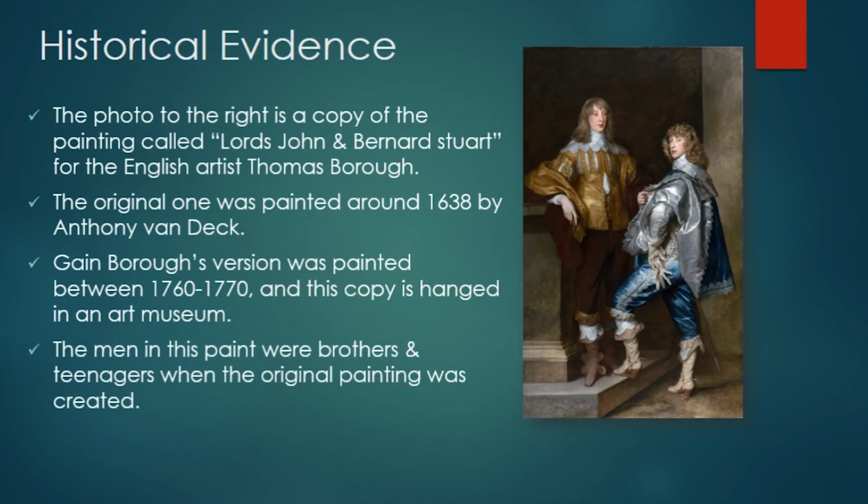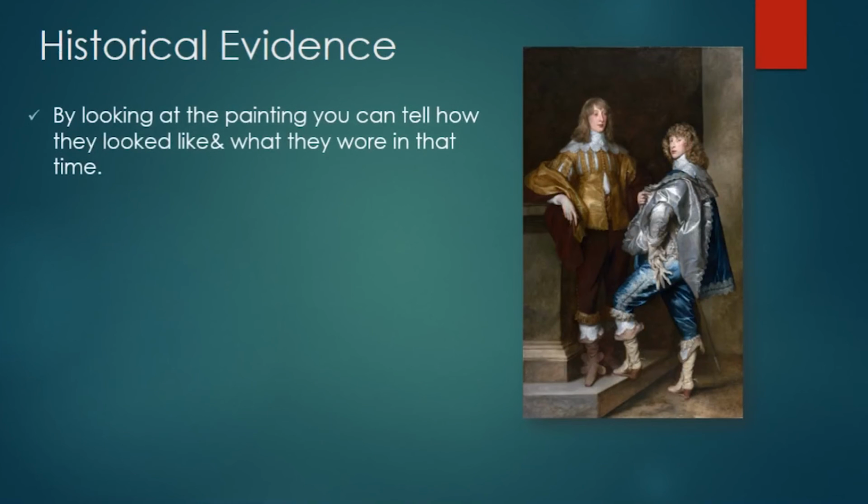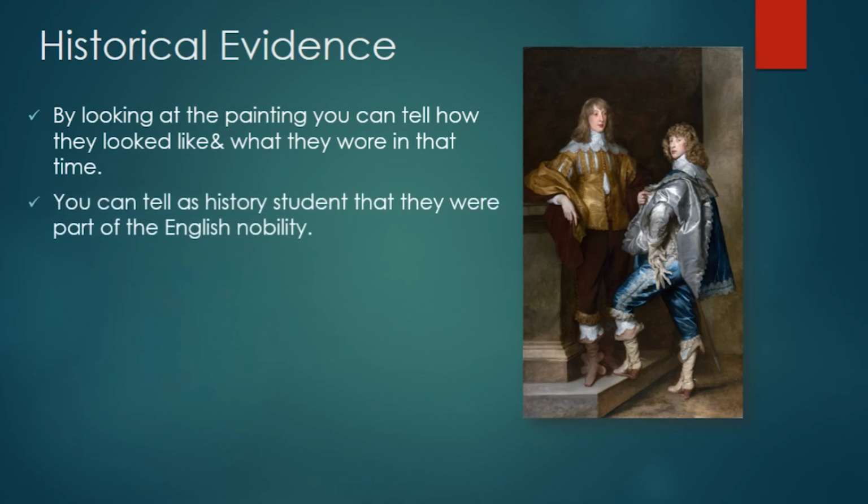When we examine this painting, which is your work as a historian, you will collect information. By the look of it, you will notice that it seems they are brothers and they are teenagers. Also, you can notice how they used to dress and what the clothing trend was back then, and you can tell from the colors and the clothing that they were some sort of nobility.